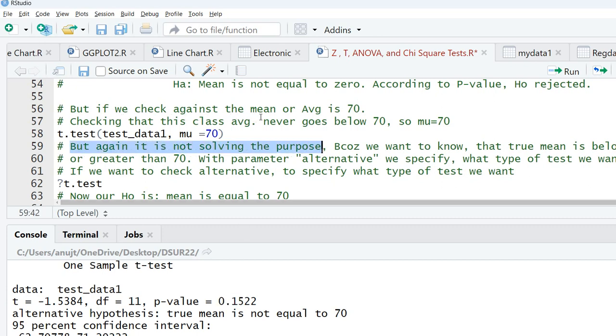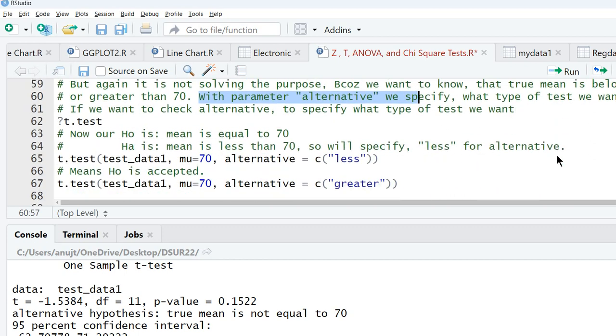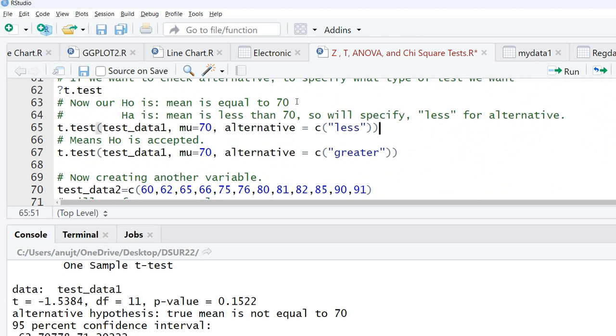But again, it is not serving the purpose, because we want to know whether the true mean is below 70 or greater than 70. We can do this with one parameter, alternative, that we specify. This is the code: t-test, test_data_1, mu I have provided 70, alternative equals less.